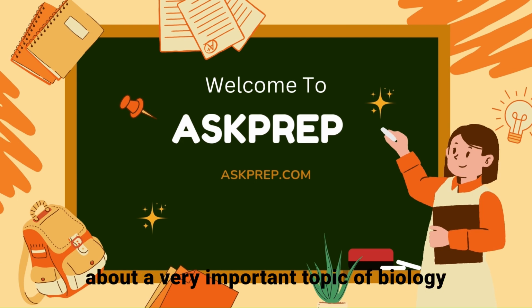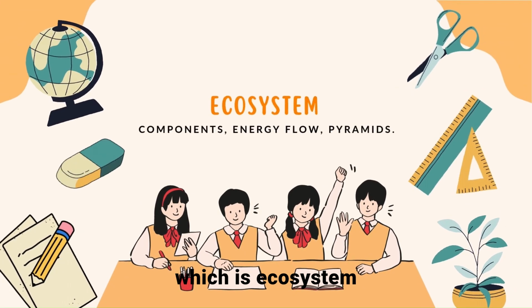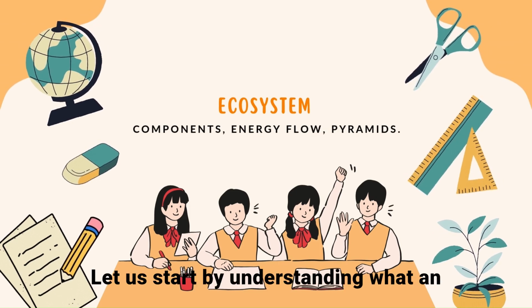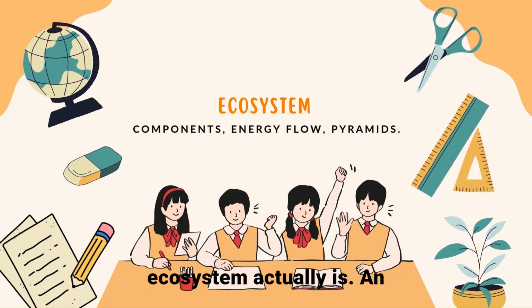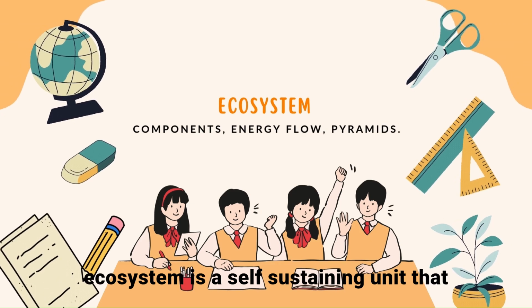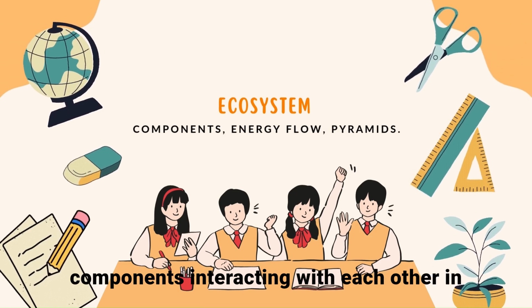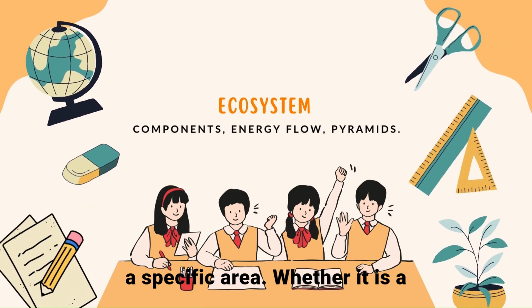Today we will study a very important topic of biology, which is ecosystem, components, energy flow, pyramids. Let us start by understanding what an ecosystem actually is. An ecosystem is a self-sustaining unit that includes both living and non-living components interacting with each other in a specific area.